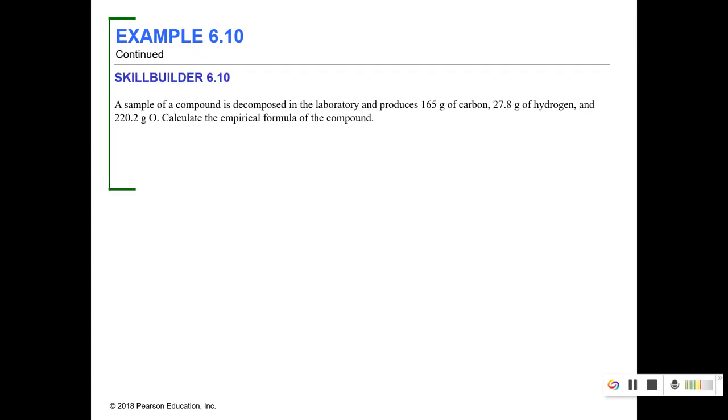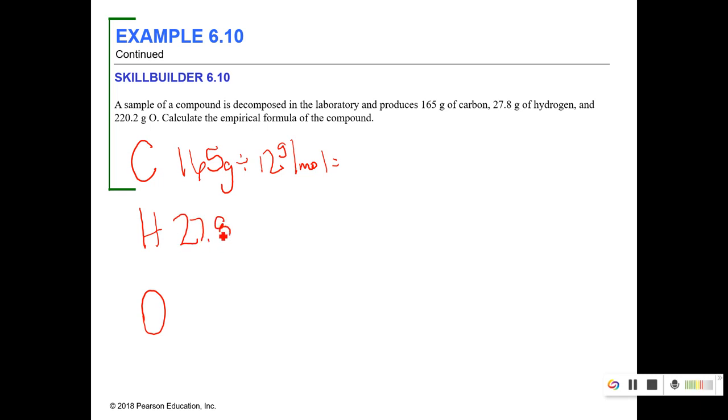Okay, let's do another one. I've got carbon, hydrogen, and oxygen. 165 grams of carbon by 12 grams per mole. 27.8 grams of hydrogen by 1 gram per mole. 220.2 grams of oxygen divided by 16 grams per mole.